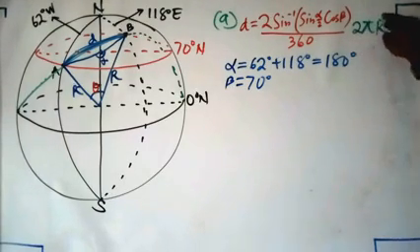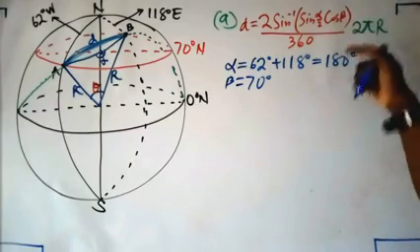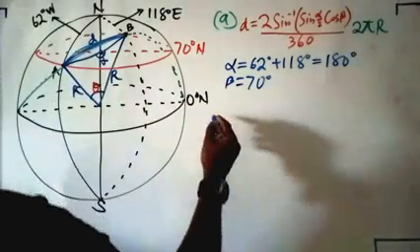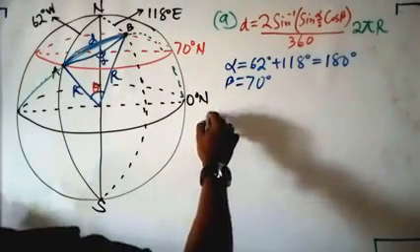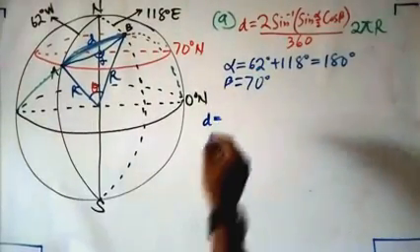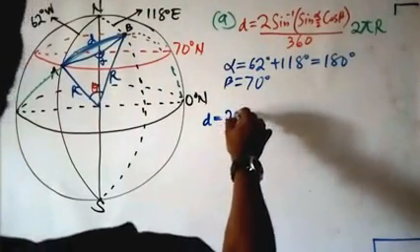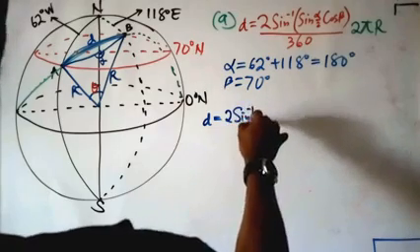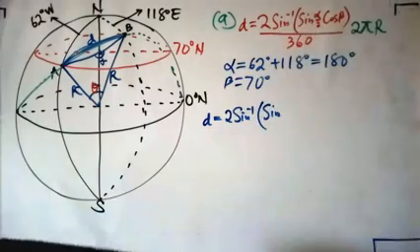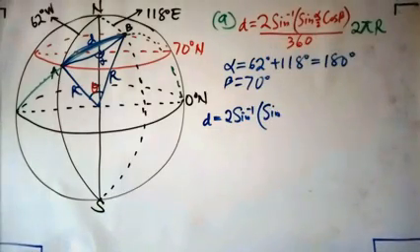Let's use our regular 40,000 here for this, and let's substitute the value and see what we're going to have. My distance now is equal to 2 arc sine of alpha over 2.